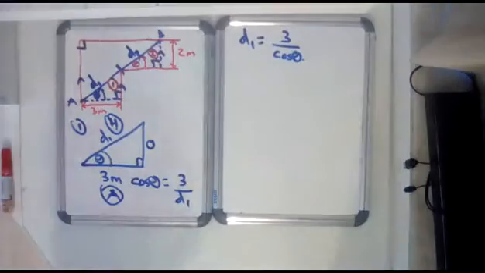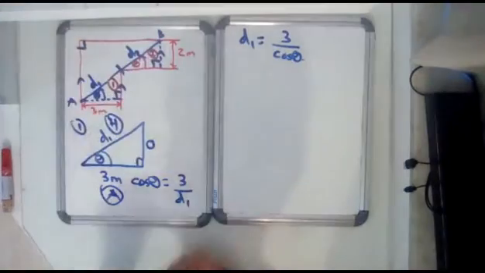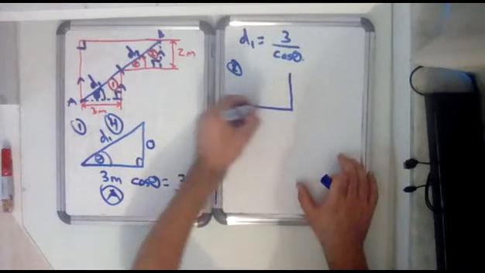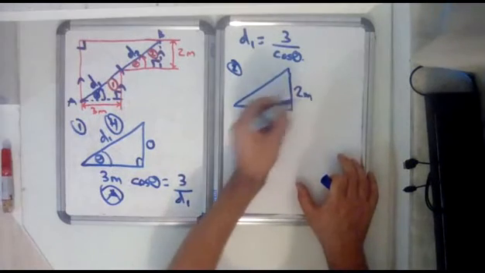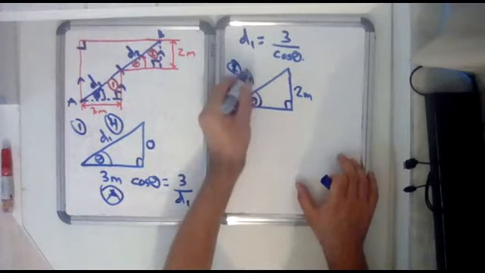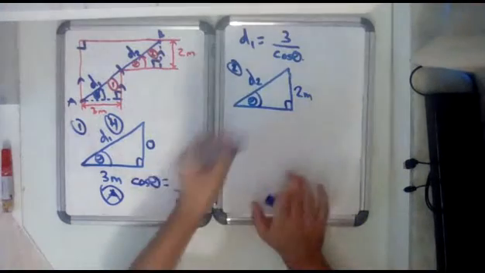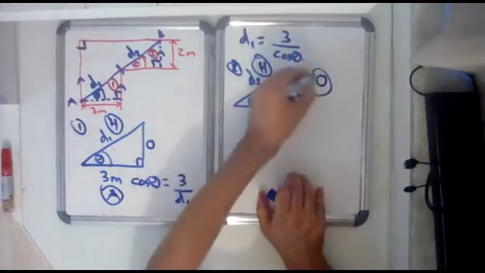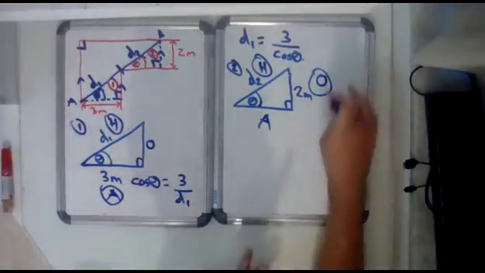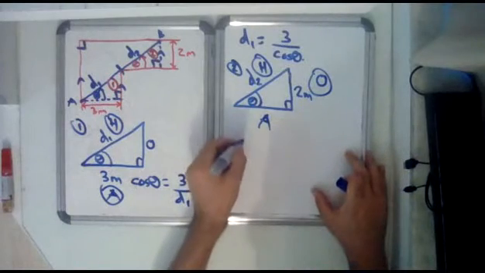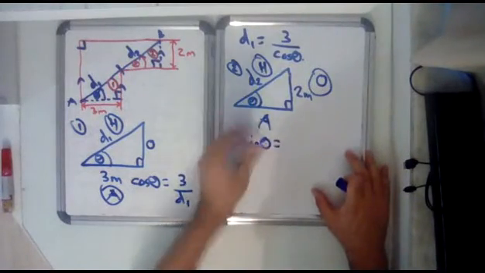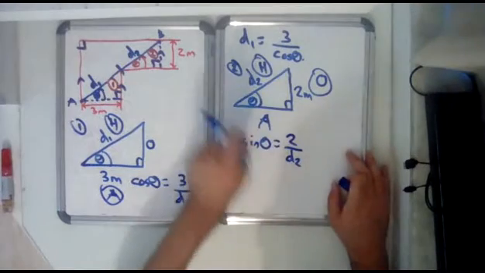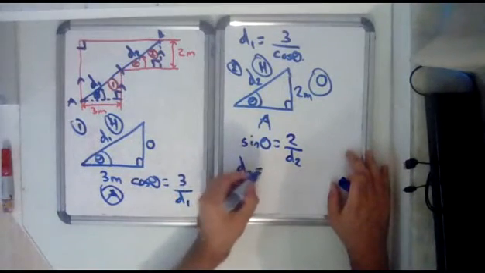Looking good. Right, it's triangle 2, which is this one here. So we'll do the same again, so triangle 2 looks like this. 2 meters, right angle there, a theta there, and a D2. So this time, SOHCAHTOA, the D2 is involved in this, so it's O and H, which means sine theta equals 2 over D2, which means D2 equals 2 over sine theta.